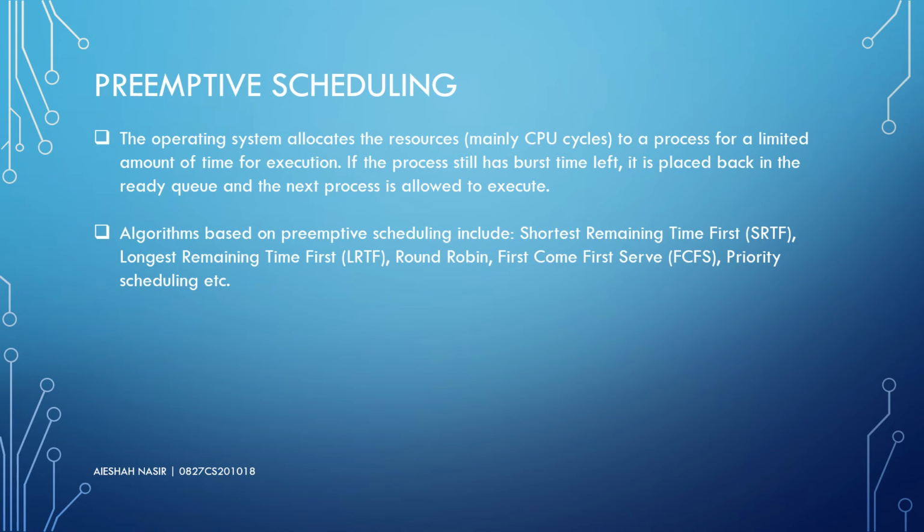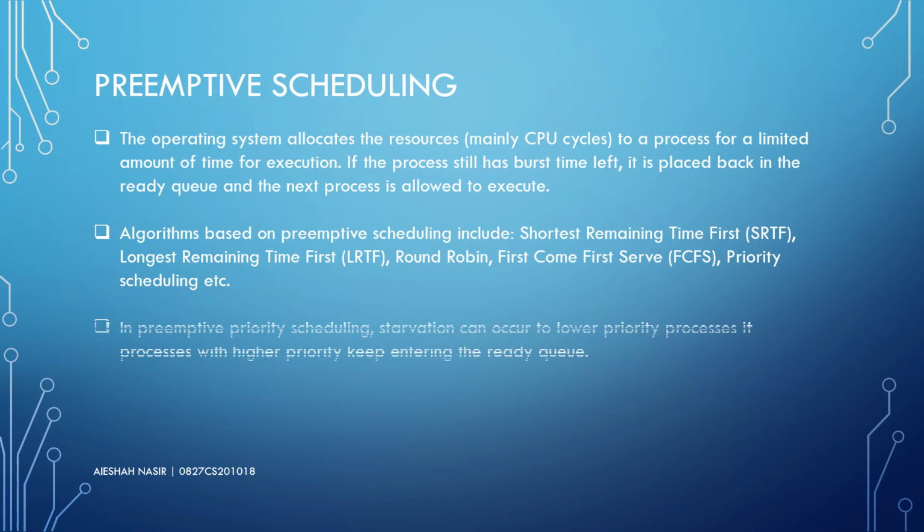The algorithms based on preemptive scheduling include SRTF, LRTF, round robin, FCFS, priority scheduling in the preemptive mode, etc. So we notice that starvation can occur in preemptive scheduling also.